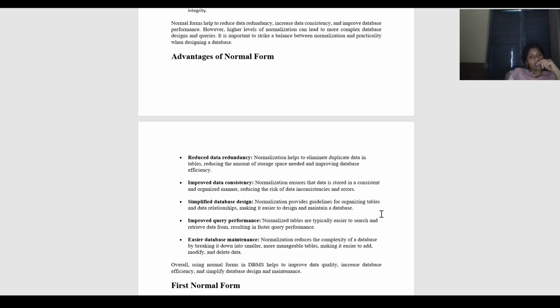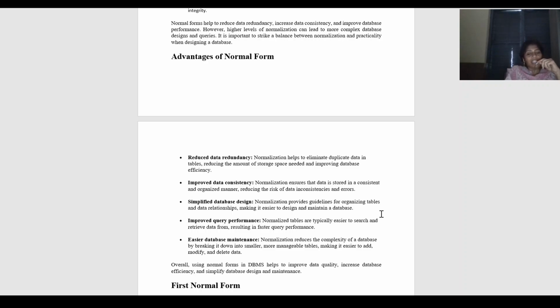The next advantage is improved query performance. Normalized tables are typically easier to search and retrieve data from, resulting in faster query performance. It means the performance should be very high.